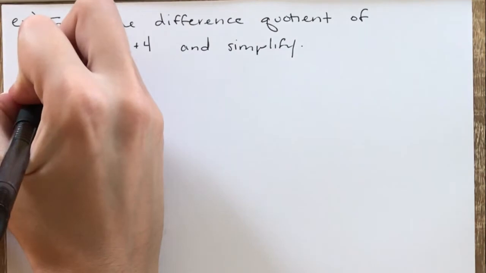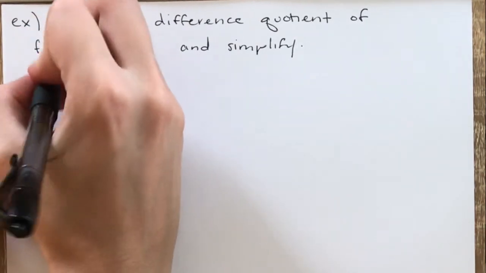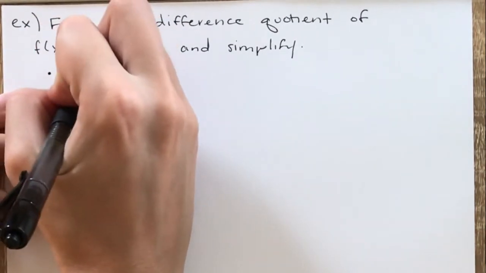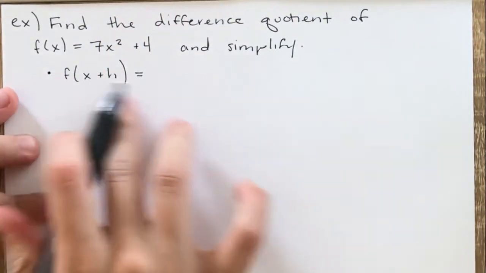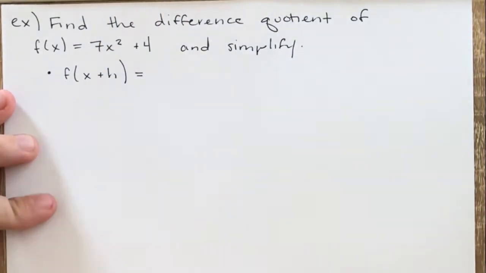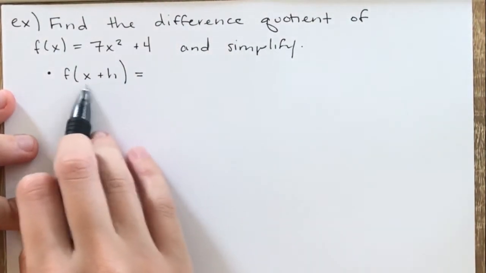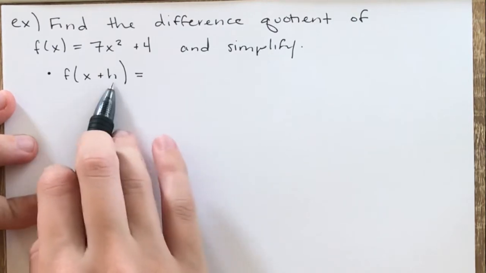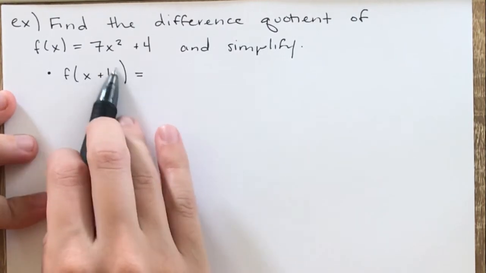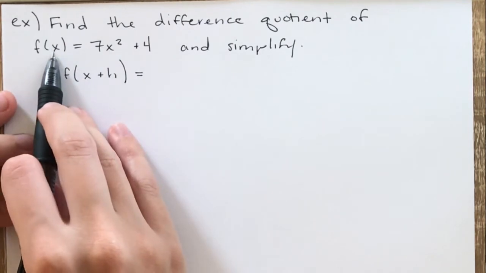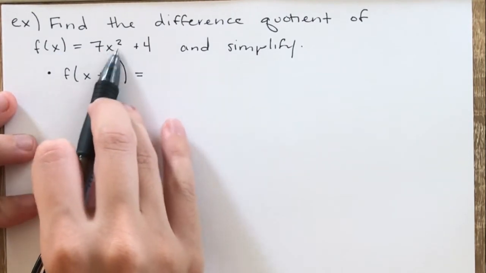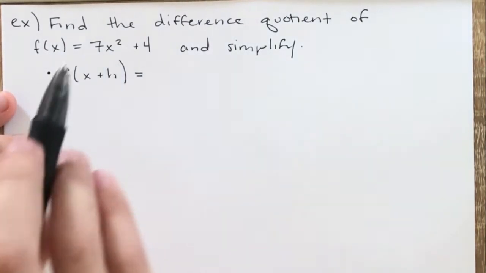So our first step, step 1, was to find f of x plus h. So again, as always, this means I need to take whatever's on the inside here and plug that in for x. So I've replaced this x with x plus h, so I need to replace this x with x plus h.